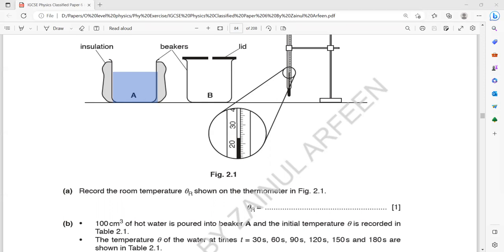So 0, 30 seconds, 60 seconds, 90 seconds, 120 seconds.